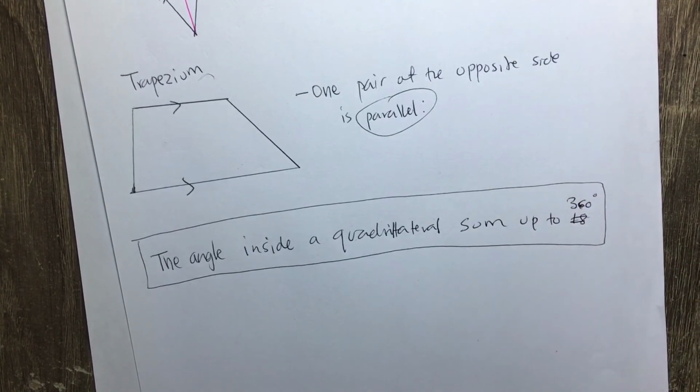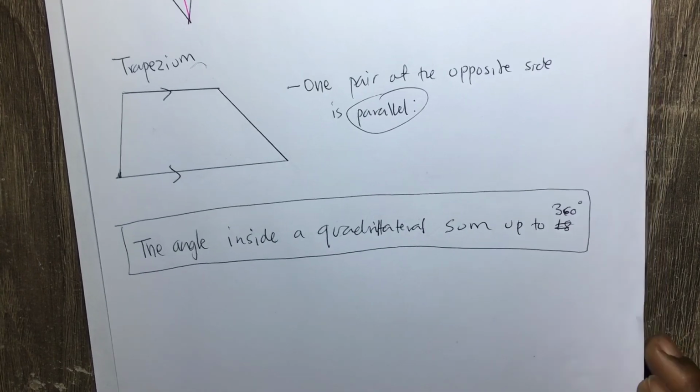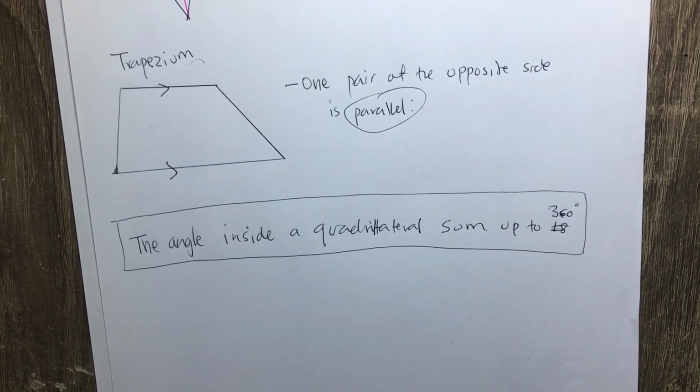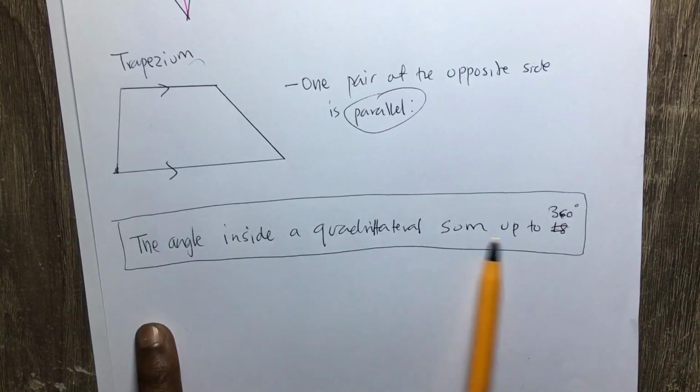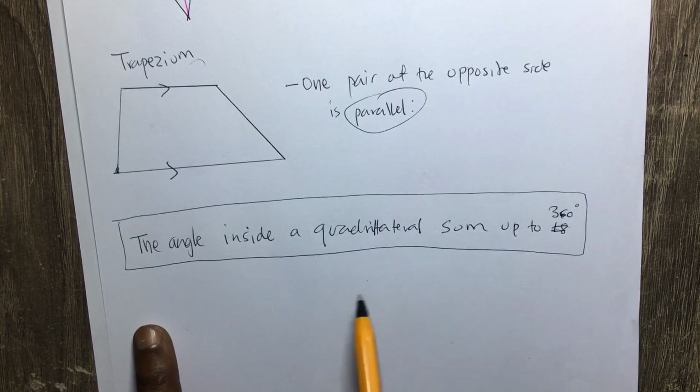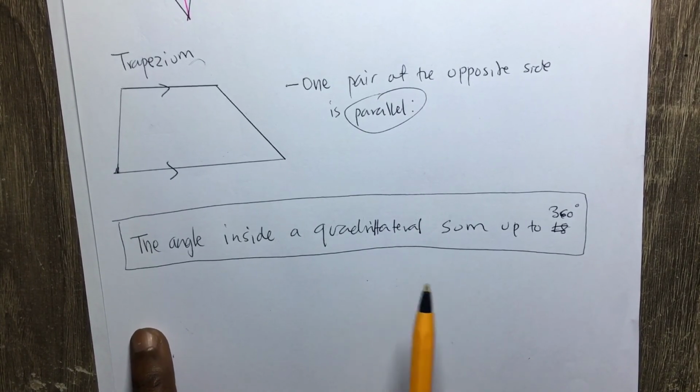So let's say they ask you a property of a trapezium and you forget it, or the property of a kite, you forget it. You can just simply write that angles inside a quadrilateral will always add up to 360.